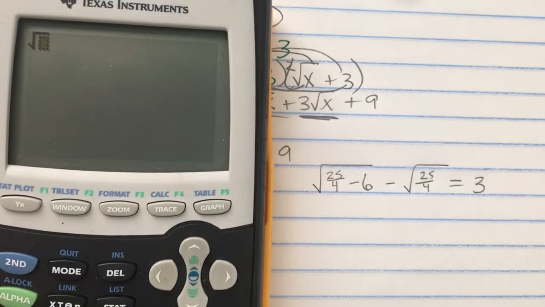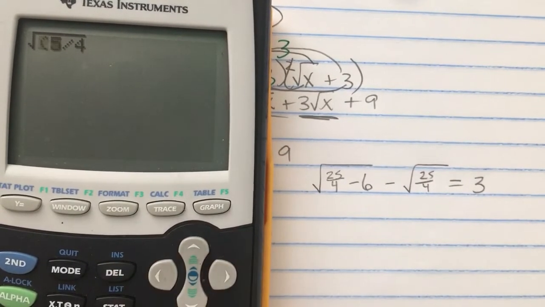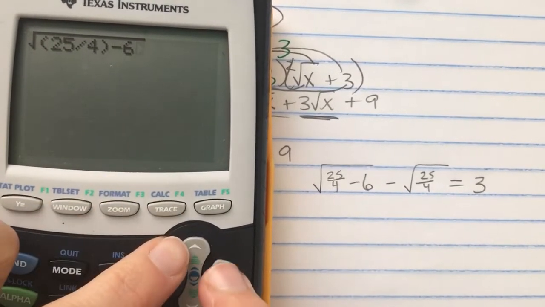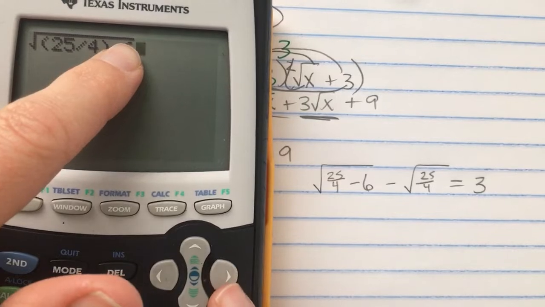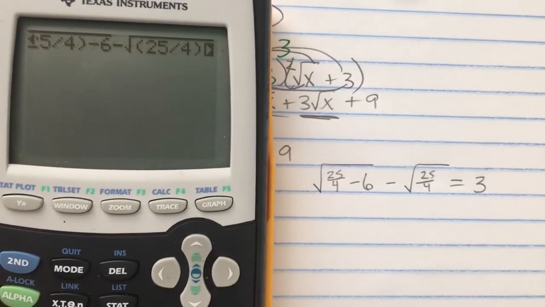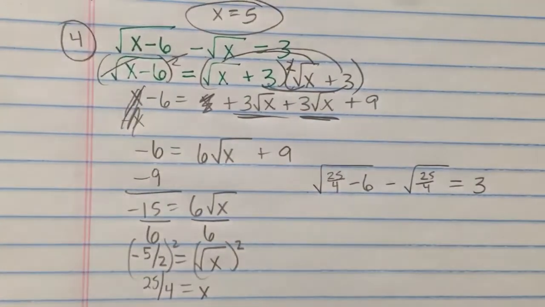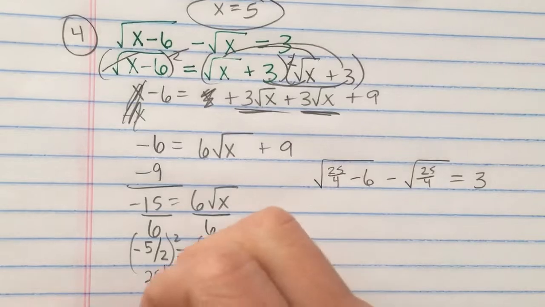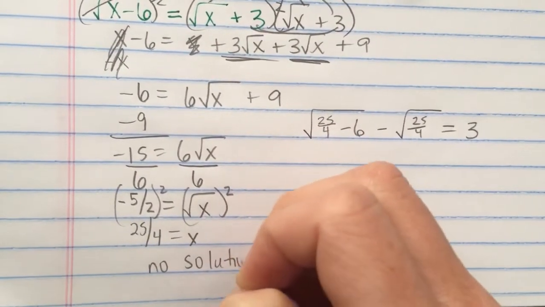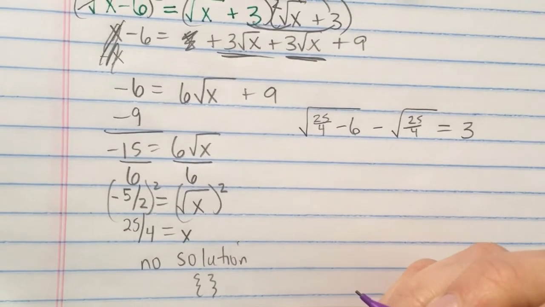The square root of 25 over 4, sorry, I should have used parentheses, minus 6, and then I'm going to hit my right arrow to stop the square root, minus another square root of 25 over 4, and it equals negative 2. It does not equal 3. So this one has no solution, and Delta Math wants there to be empty brackets for that.